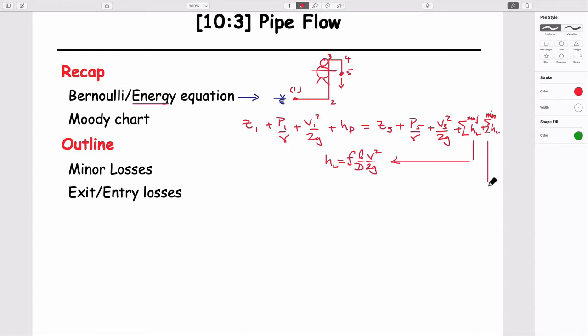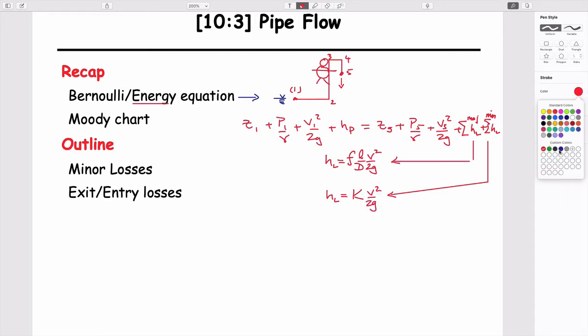And the other one would be the minor losses. We also defined those. We didn't look very closely at them, but those are usually equal to some coefficient multiplied by the velocity inside that fitting. So these are the local velocities in those individual components.